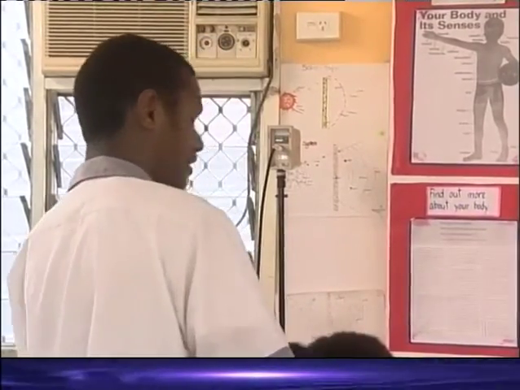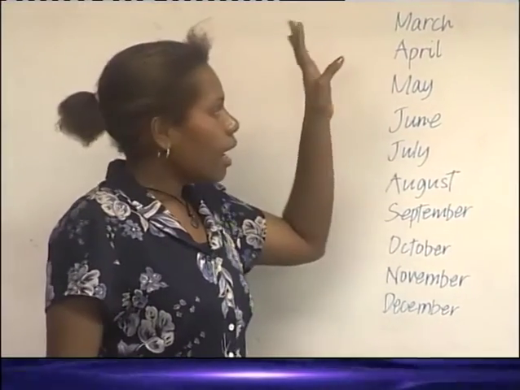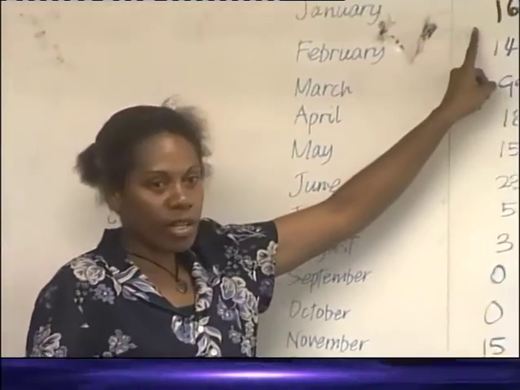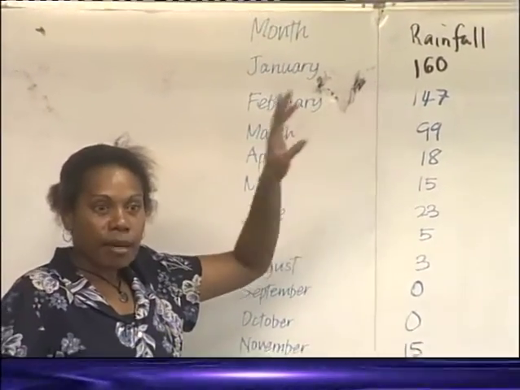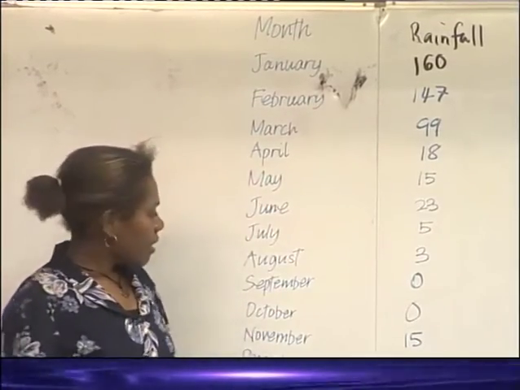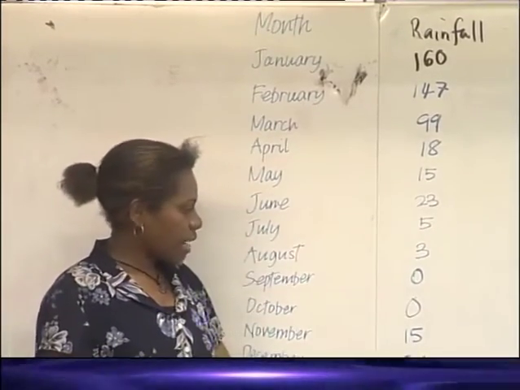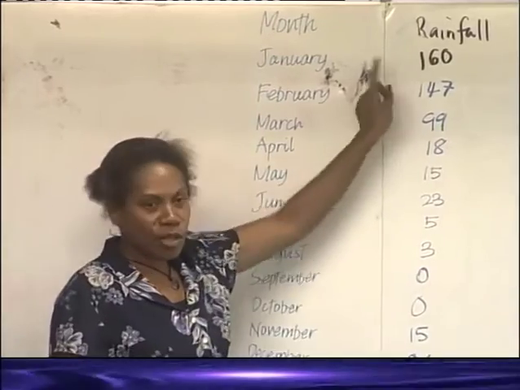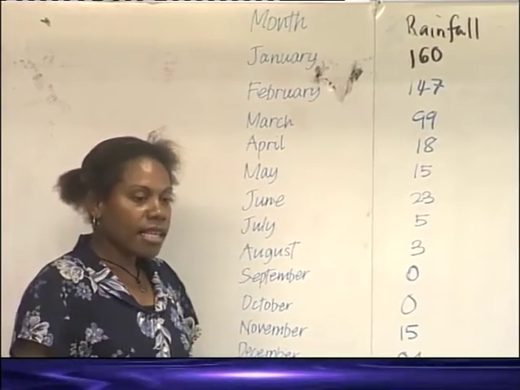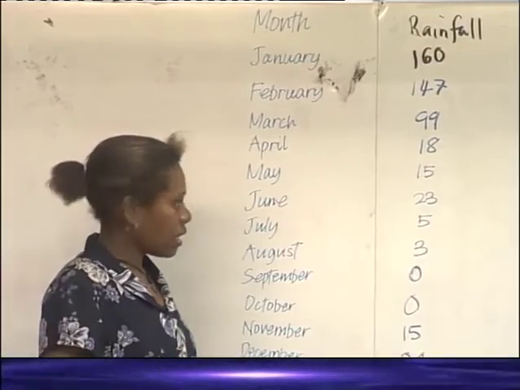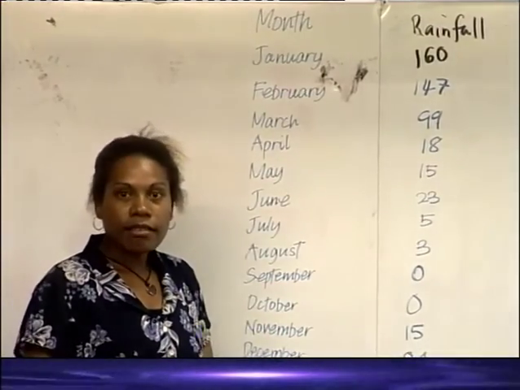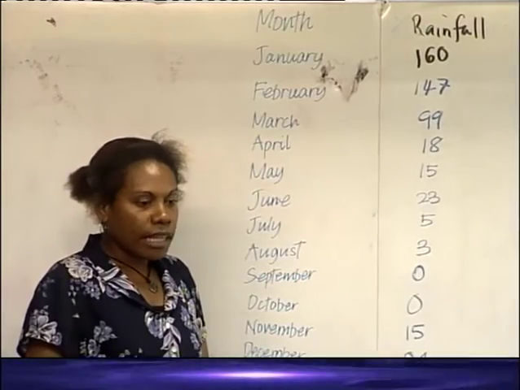Okay, very good. The wettest month in Broome was January, which had the highest rainfall measurement, 160 millimeters. So that means the wettest month was January. Okay, that's a simple question.